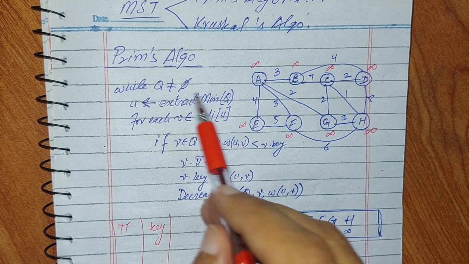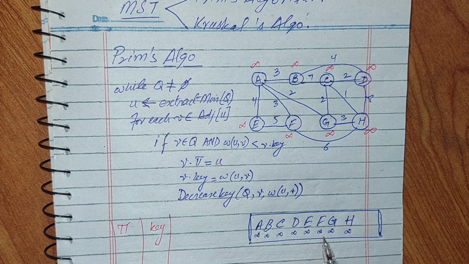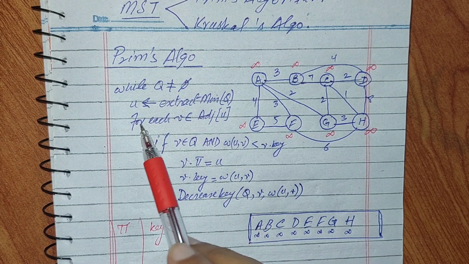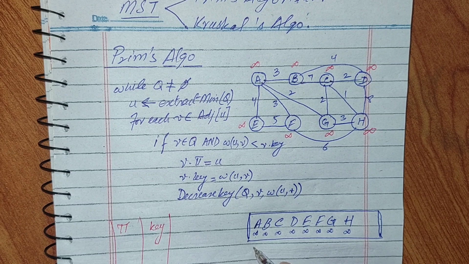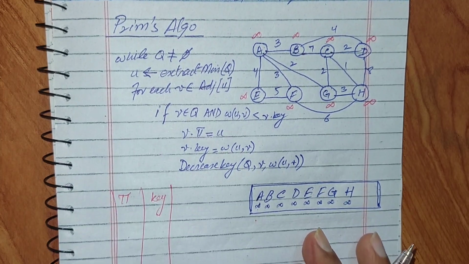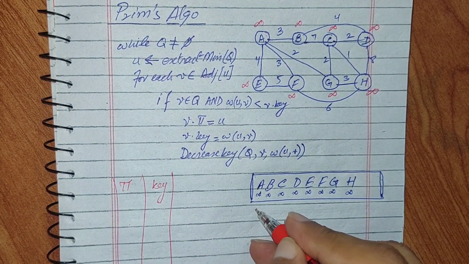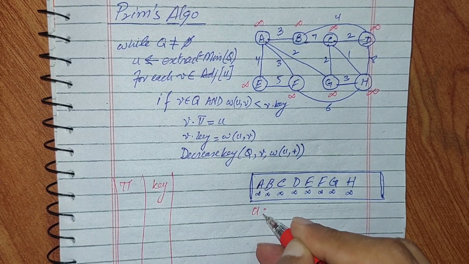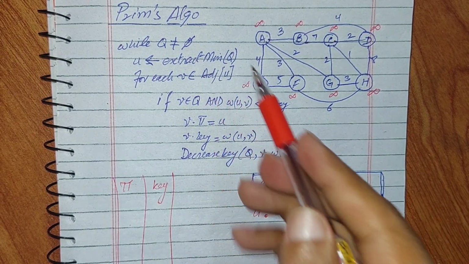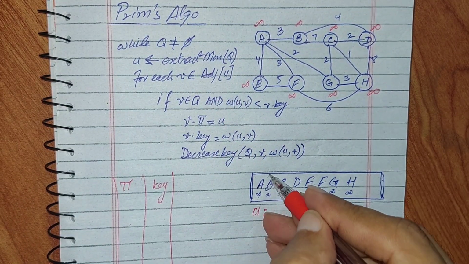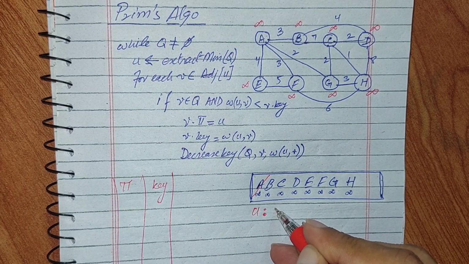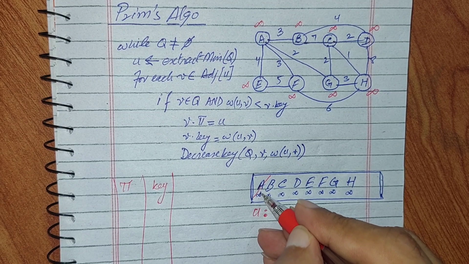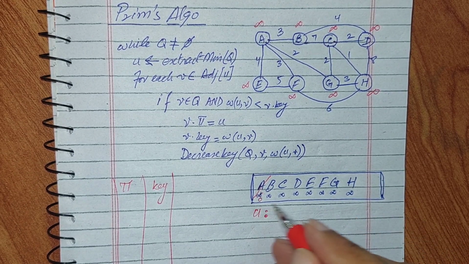Okay, while Q is not null, we can see the Q is still not empty. u is equal to extract min. So here we are going to extract an element. We are extracting the minimum one, so we will get a from here, because its key was updated to 0.